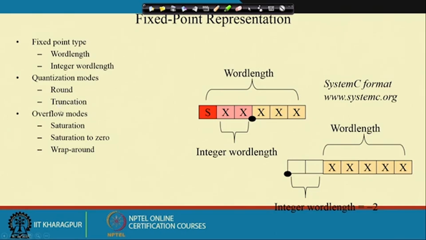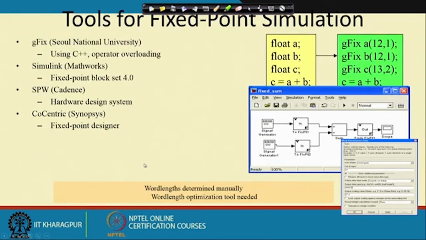In overflow, whenever we consider this overflow method, it can have three modes: one is saturation mode, another one is saturation 0, and another one is wrap around. So these are the three modes of overflow.